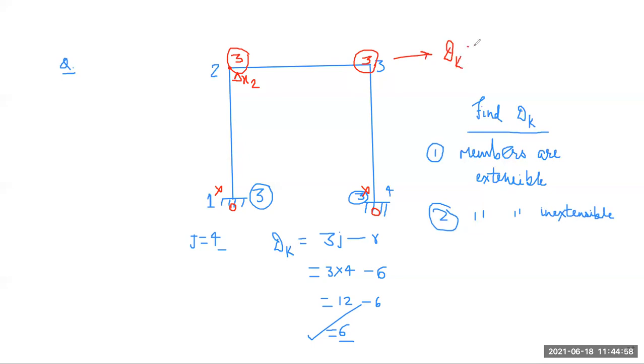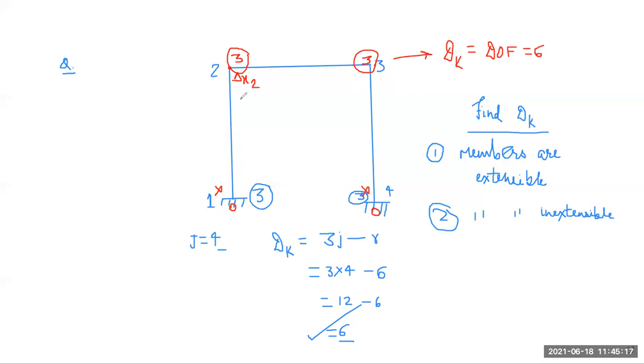So Dk is equal to the degree of freedom, equal to 6.